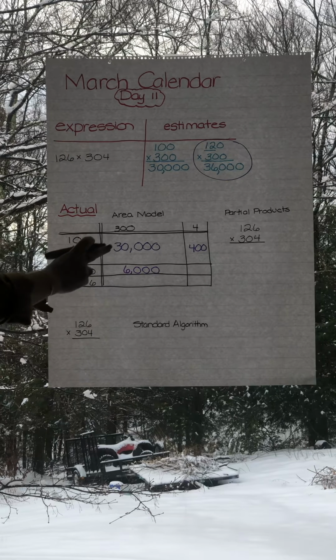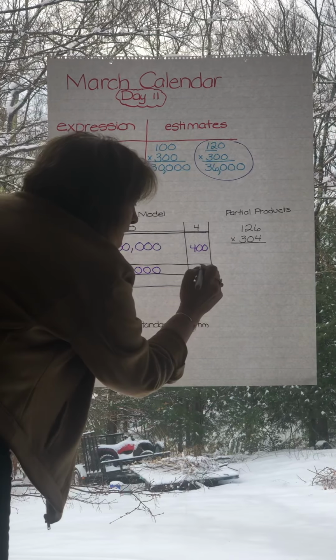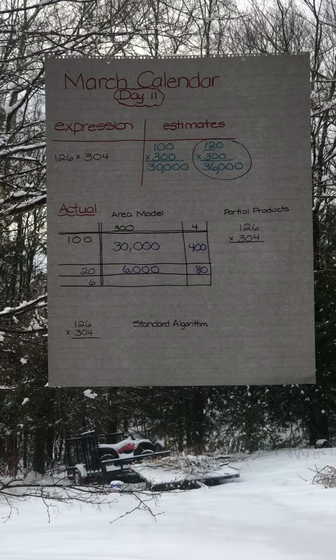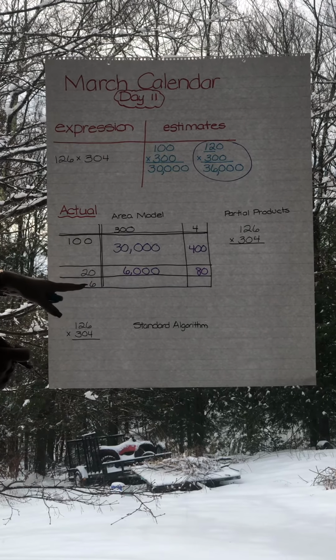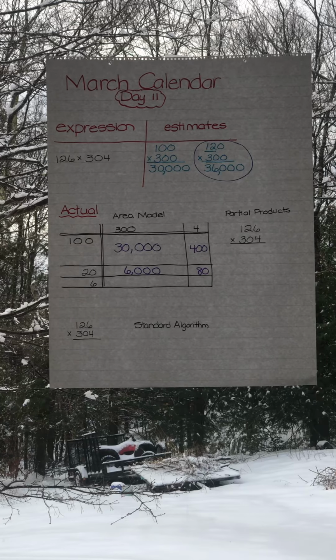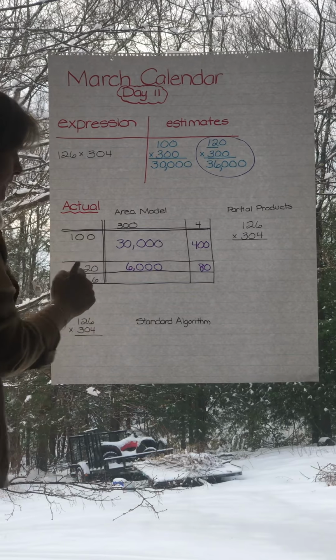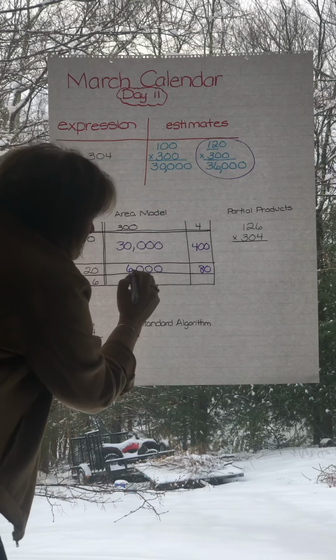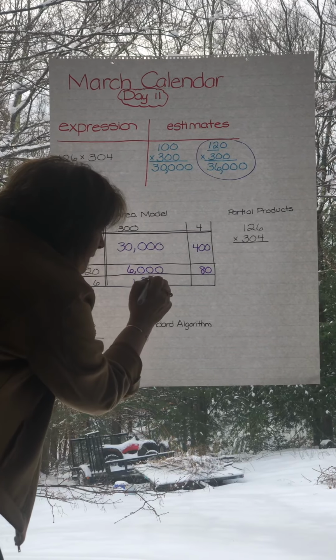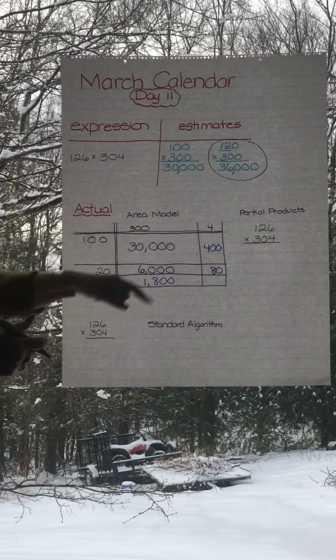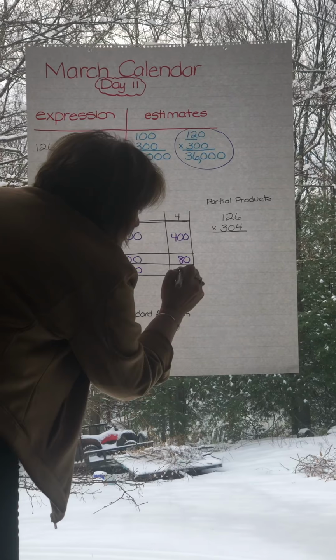And then 20 times 4 is 80. We move to the next place value of 6. 6 times 300. 6 times 3 is 18, and then we add 2 zeros, and we get 1,800. And 6 times 4 is 24.